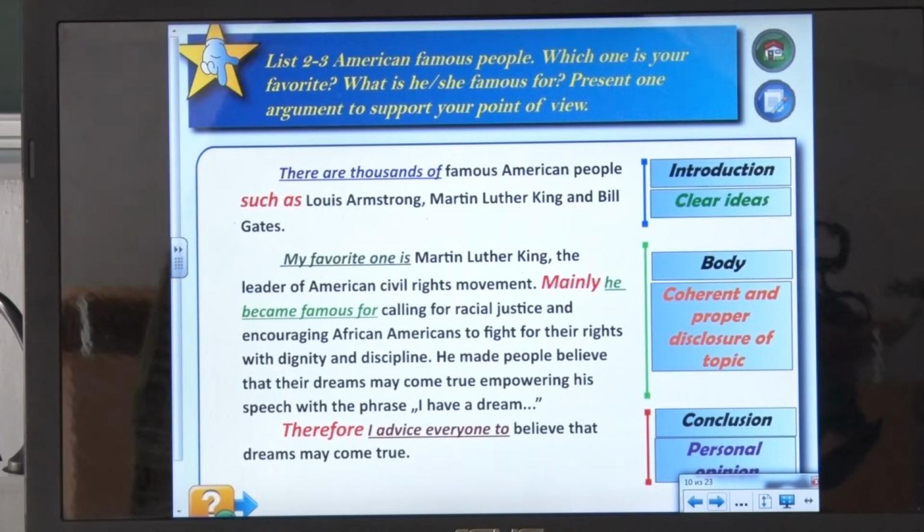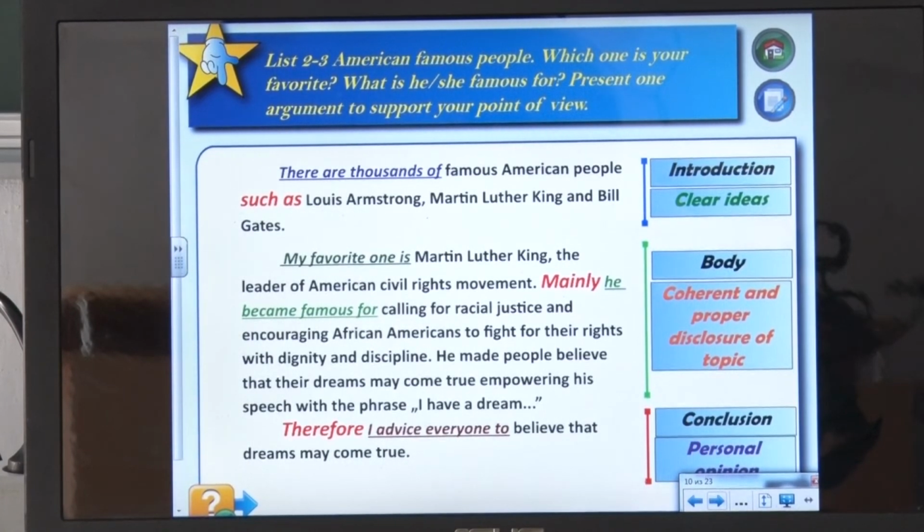In the body, he uses mainly. Why mainly? Because he gives the first reason, the first example, why he thinks that this person is important for him. And in the conclusion, he uses therefore as the concluding word.